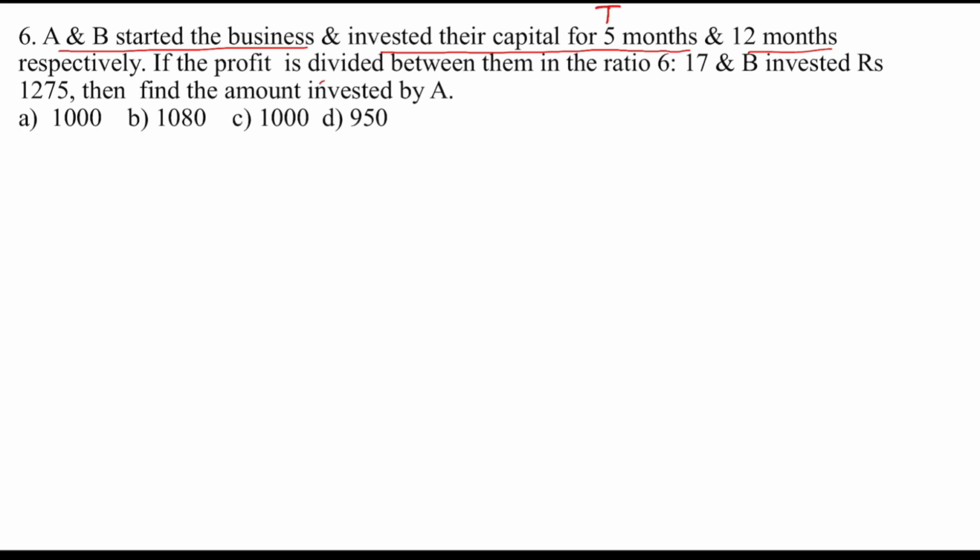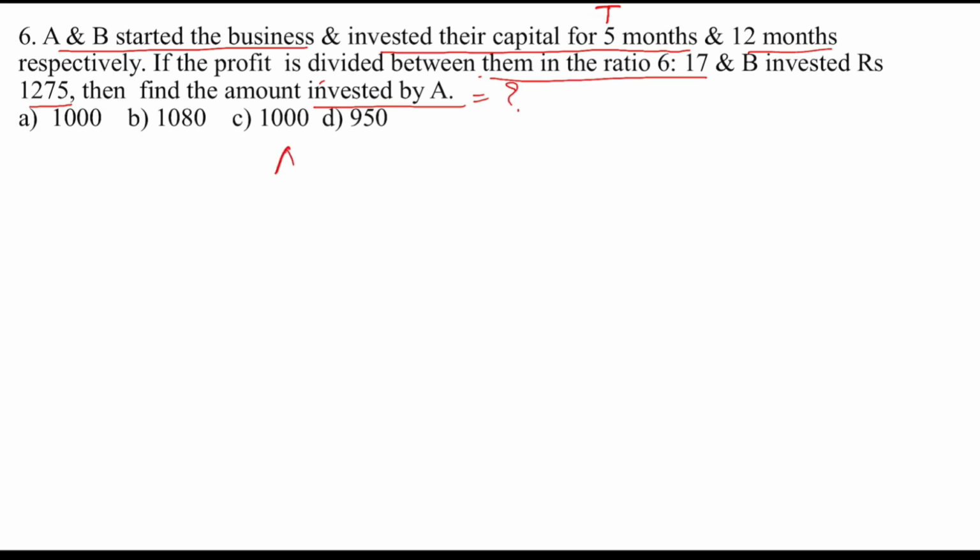Next, if the profit is divided between them, okay, profit ratio they have given is 6 is to 17. And B invested rupees 1275. Only investment of B they have given. Then find the amount invested by A. So the investment of A is asked.